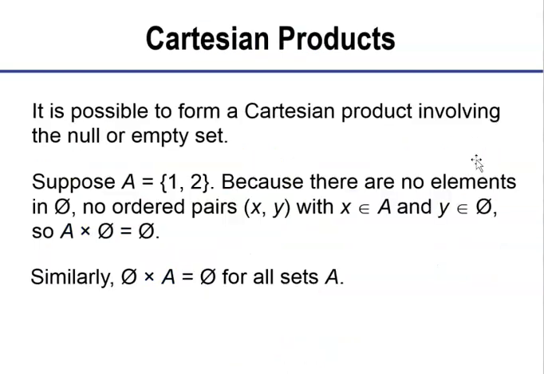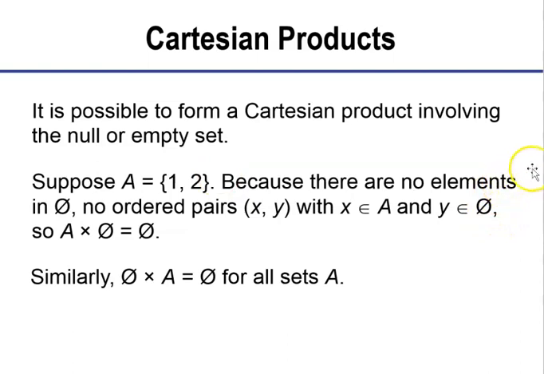All right, for our last slide, it is possible to form a Cartesian product involving the null or empty set. This is a little strange. Suppose A is the set {1, 2}. Because there are no elements in the empty set, there are no ordered pairs (x, y) with x an element in A, because you could use 1, but what are you going to pair it with in the empty set?